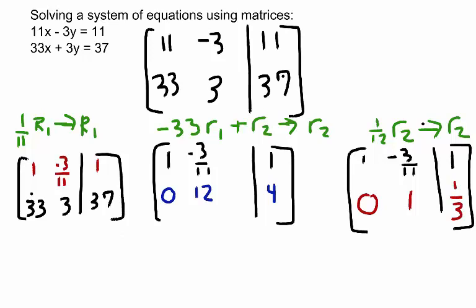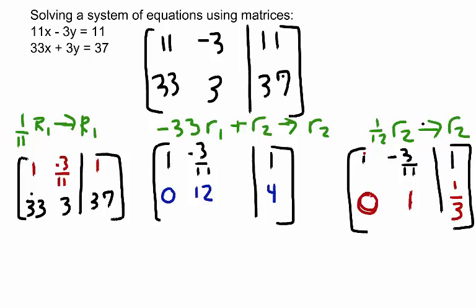So we have a diagonal of 1s with a 0 below the 1 on the upper left. Our matrix is officially in row echelon form. So let's analyze this system and use our new matrix to solve for x and y.